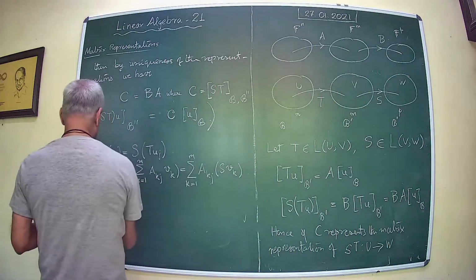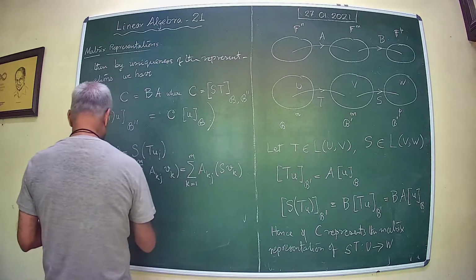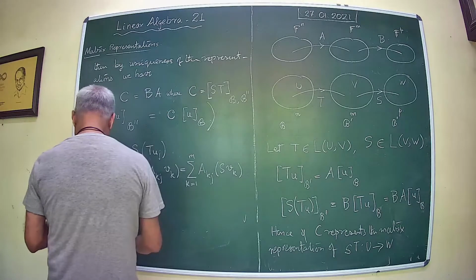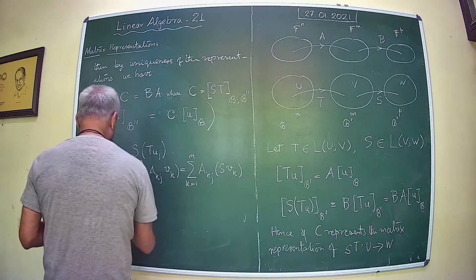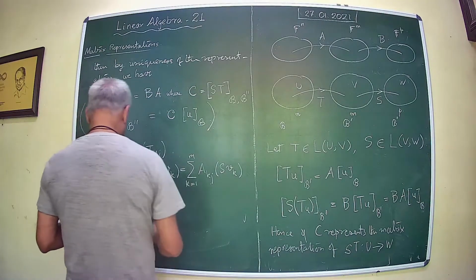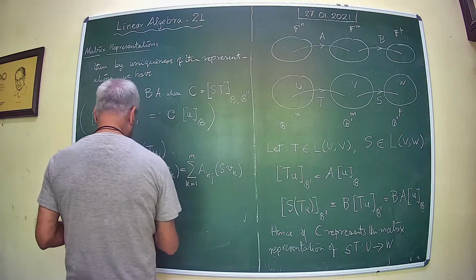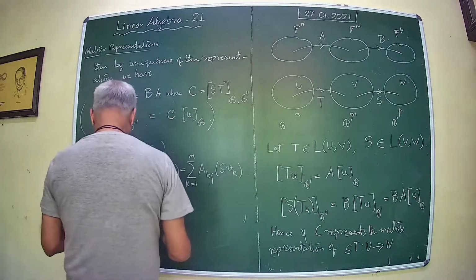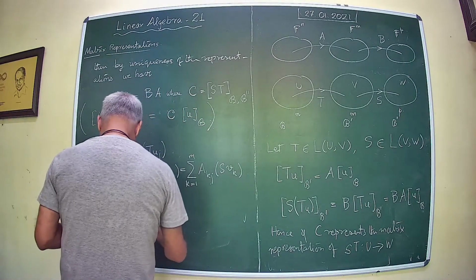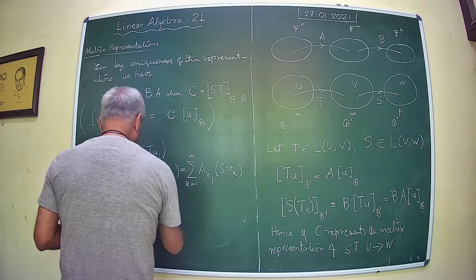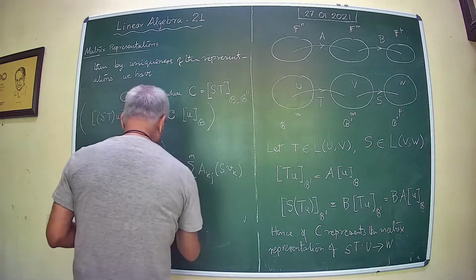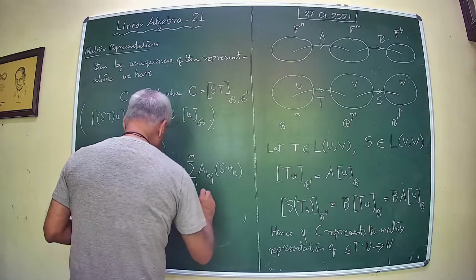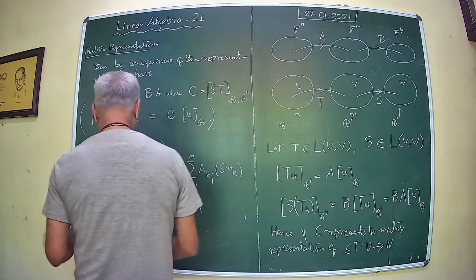This is equal to sigma k equal to 1 to m a_kj sigma i equal to 1 to p b_ik w_i. This is what we are writing.